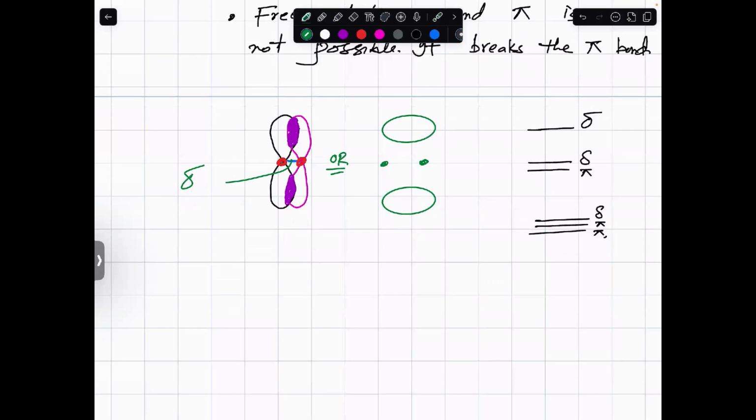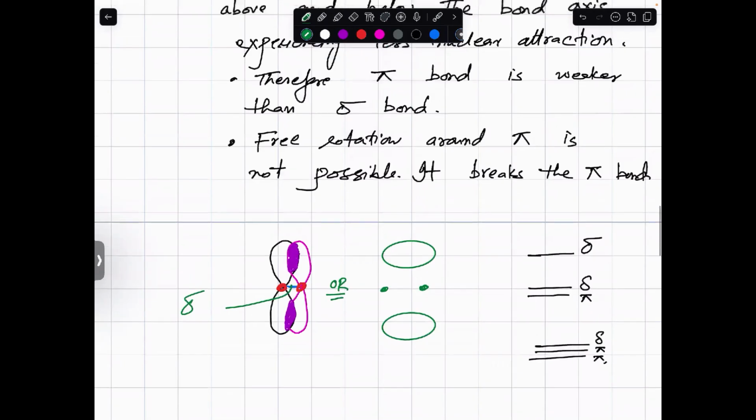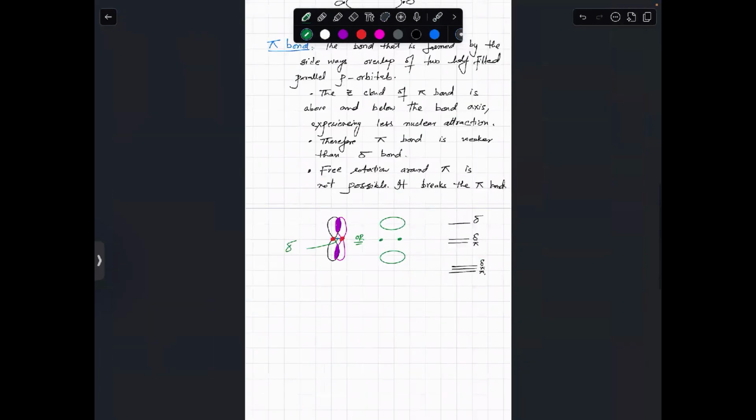Now listen. I'm going to relate this with the hybridization, the sigma and the pi. But before going to this pi bond, the bond that is formed by the sideways overlap of 2p orbitals. When they are brought closer, they overlap above and below.